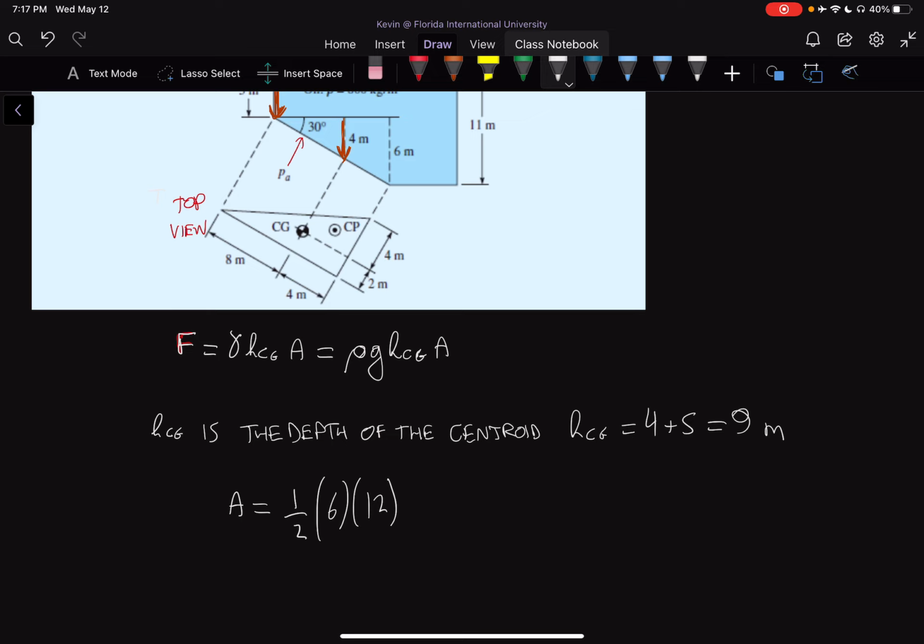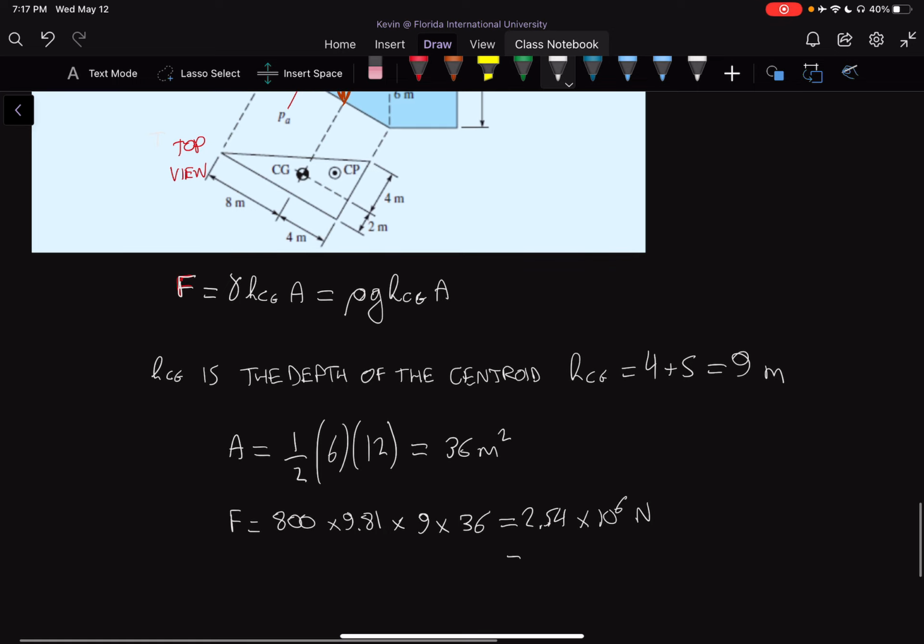It's a right-angled triangle, so it's just half times 6 times 12, which is equal to 36 meters squared. So we can find our force from here. Our force is just equal to 800 times 9.81 times 9 times 36, and we get that this is equal to 2.54 times 10 to the 6th newtons.